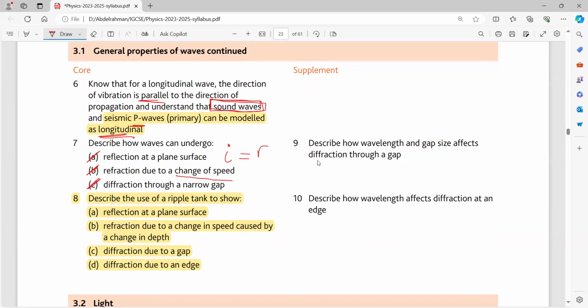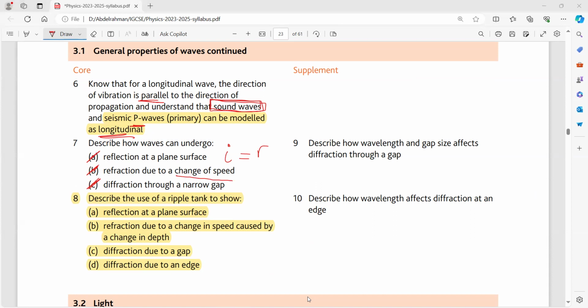The speed changes, and that's why the angle changes and the wavelength changes. Refraction happens due to a change of speed.